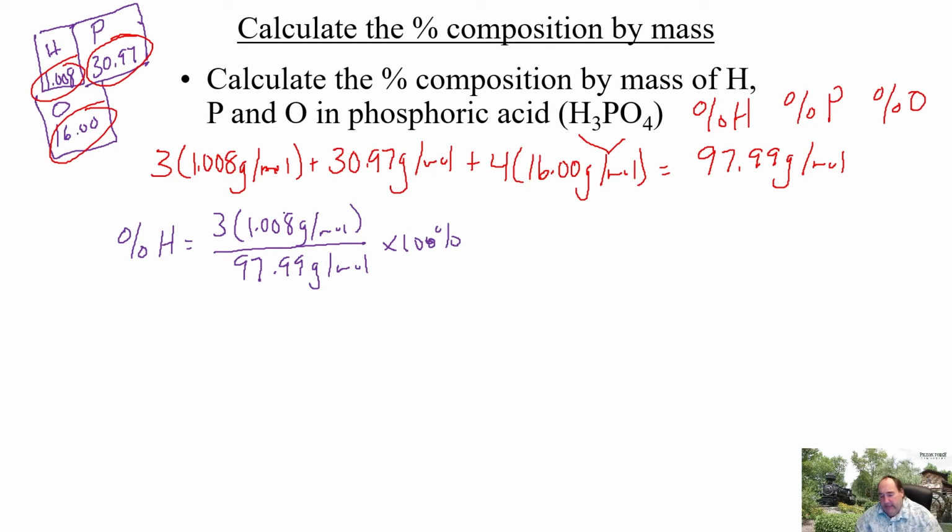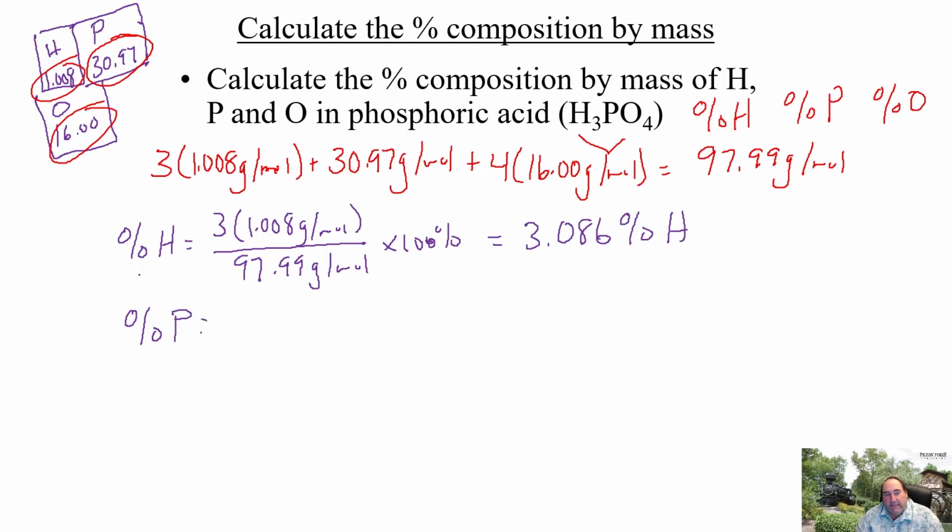If we do that, 3 times 1.008 divided by 97.99 times 100, not 1,000. Get rid of the extra 0 there. And that's going to give us 3.086% hydrogen.